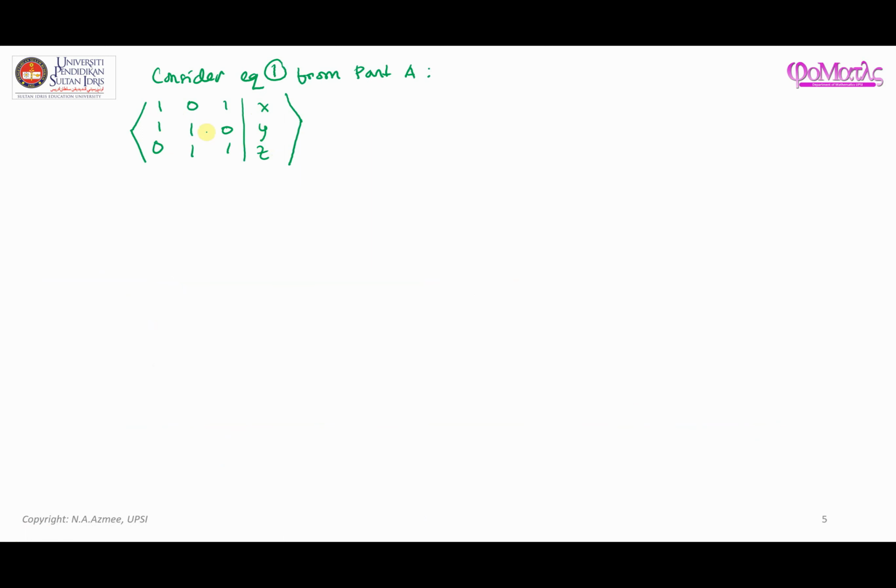So I'm just going to change the second row with the third row, and that becomes 0 1 1 z 1 1 0 y.